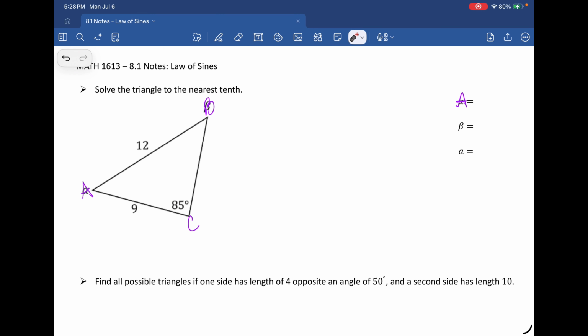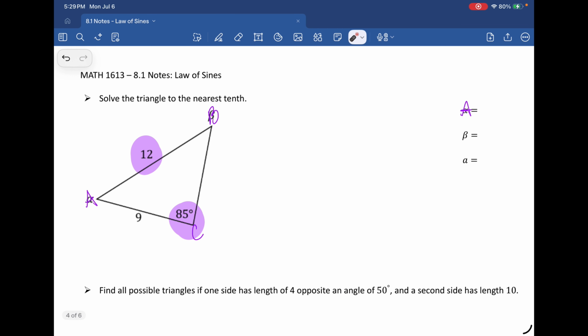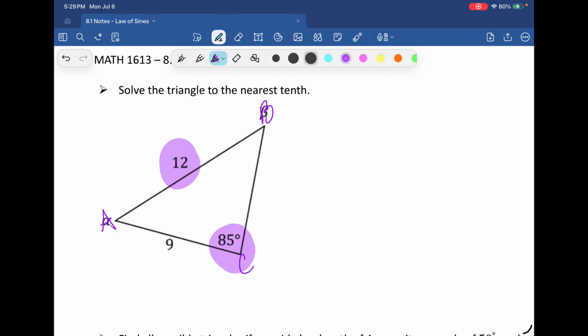I am missing angle B, angle A, and side A. The given information is angle C to its side 12. With the information that I have, I can find angle B because I know its opposite side. So we'll start there. I'm going to call it angle B1.